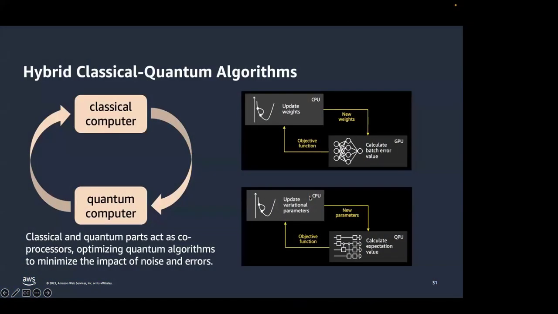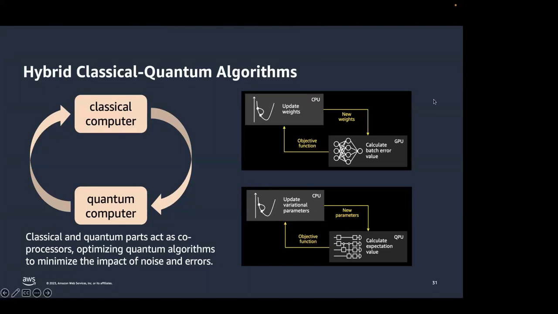At the moment, all the algorithms are classical quantum algorithms, in the sense that the quantum computer and the classical computer work in tandem with each other, right? This is very similar to what happens with GPUs.